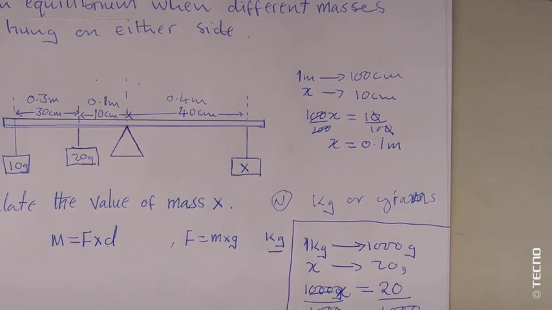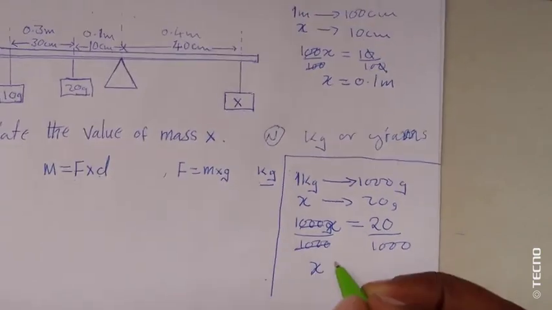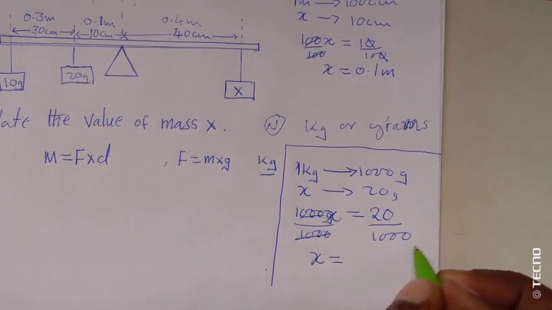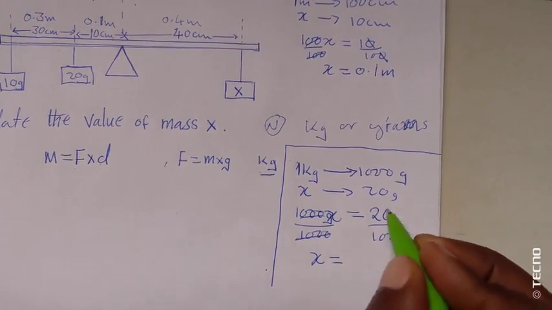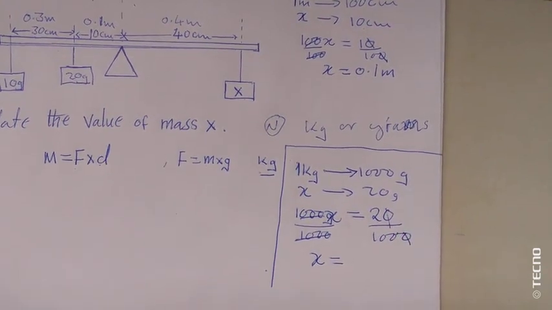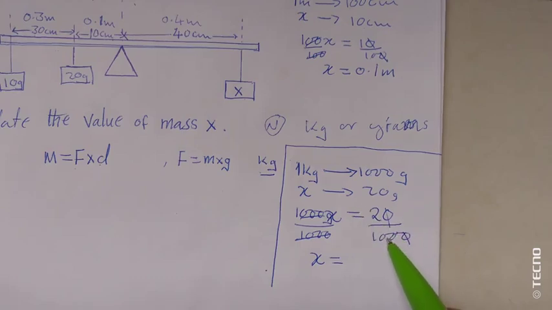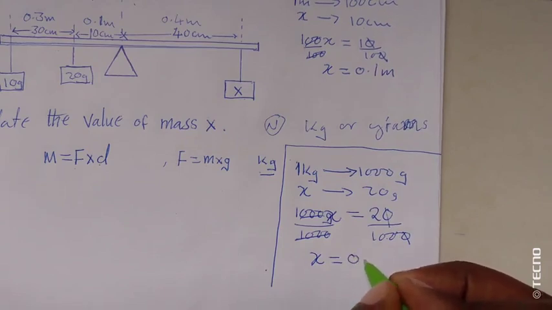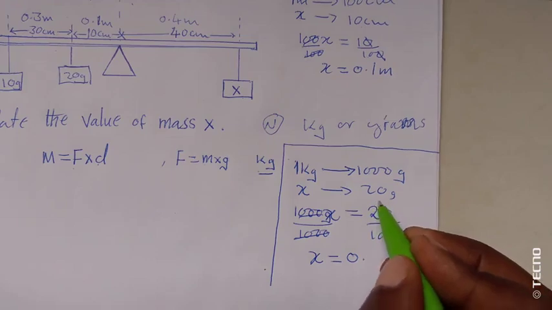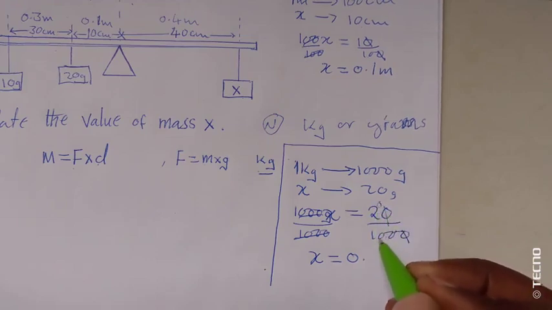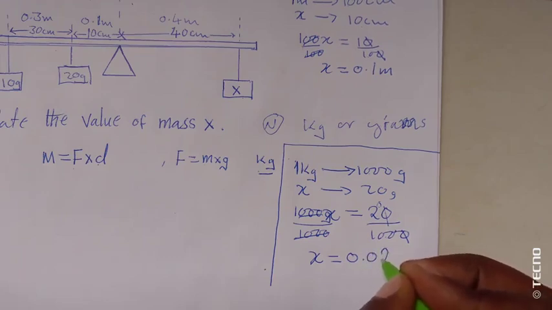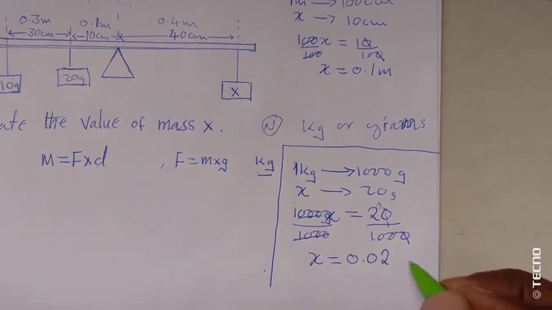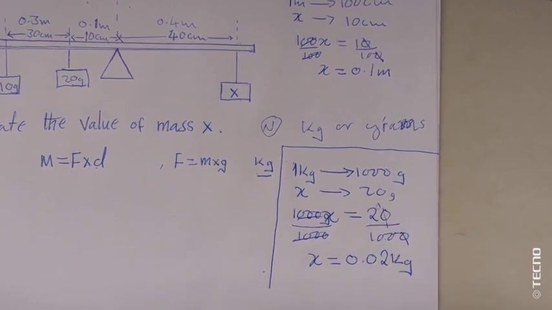When you do the cancelling, x is equal to 20 over 1000. The zeros cancel, so you have 2 over 100, which is 0.02. You can just use a calculator. So this is in kg, in kilograms.